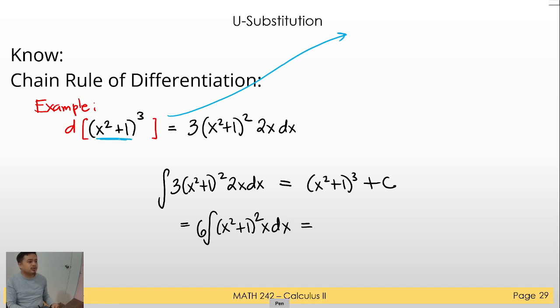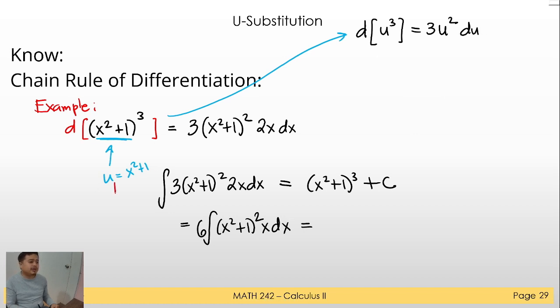So let's have another context in differentiating this. Instead of x squared plus 1, what if we make this u? So u is equal to x squared plus 1. The differentiation here becomes u cubed, and the derivative of u cubed will be 3u squared, multiplied by the chain rule, du.